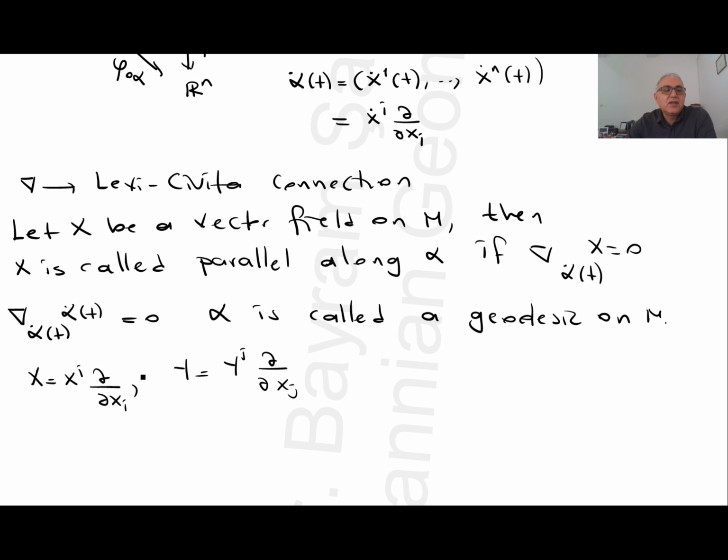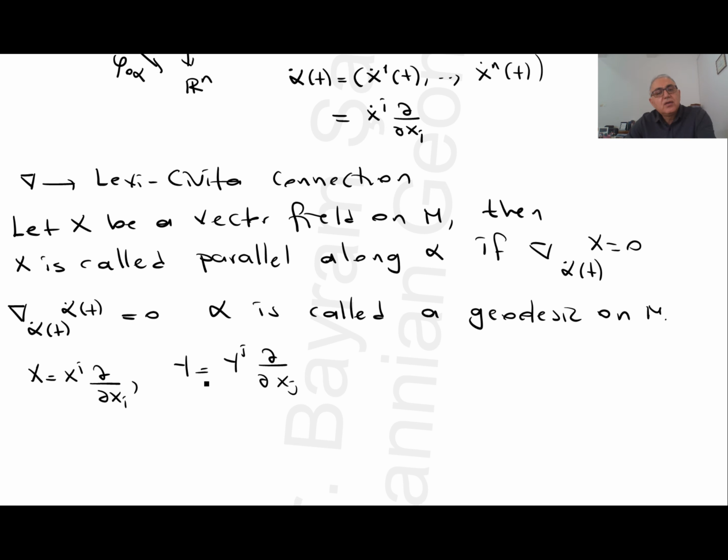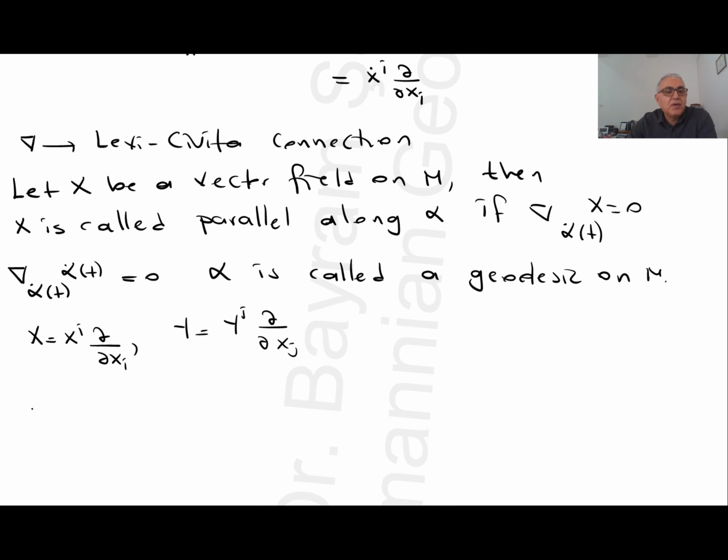We know there is a summation on these indices because they appear on the top and the bottom. That's why we know this is Einstein summation, a summation on these indices. So now consider nabla_X Y. We can write nabla of X^i partial_i applied to Y^j partial_j.